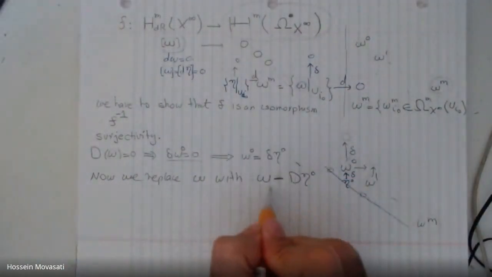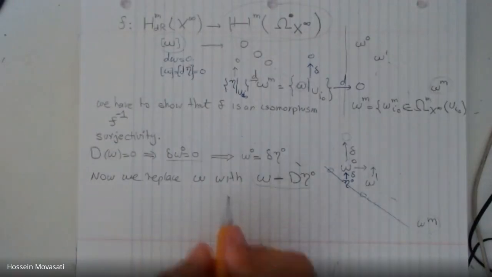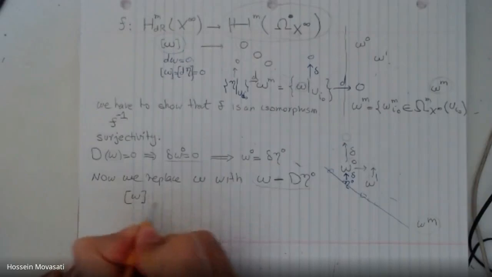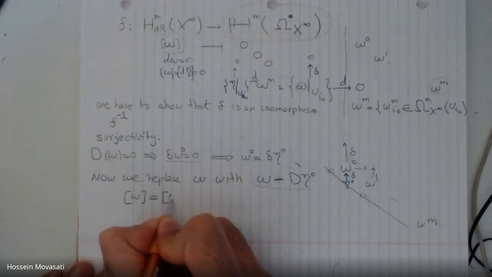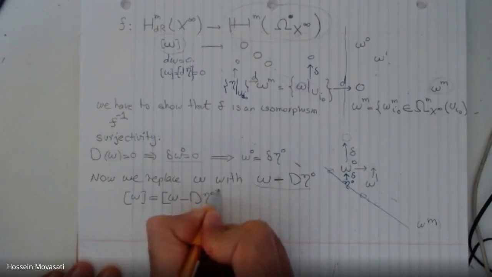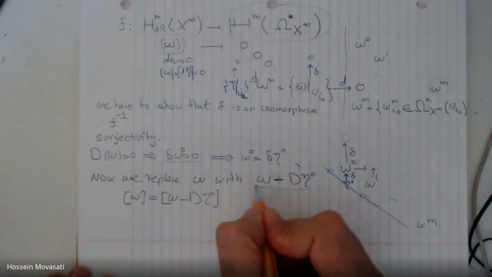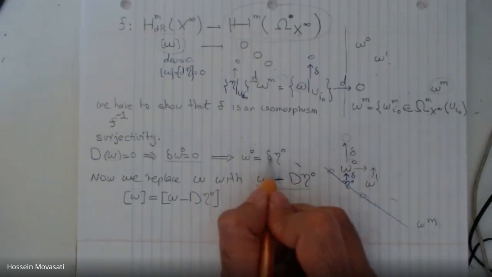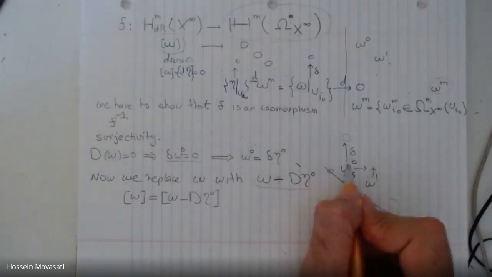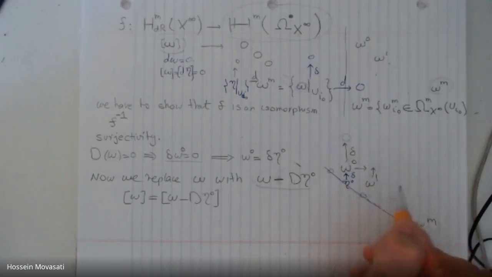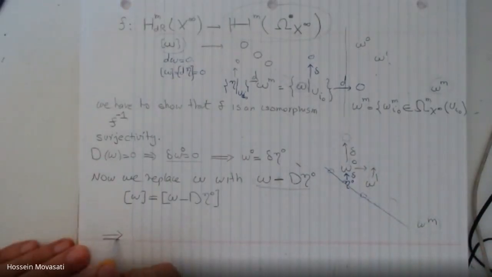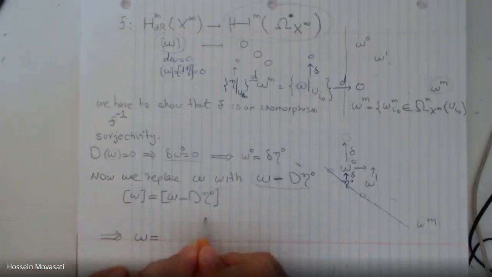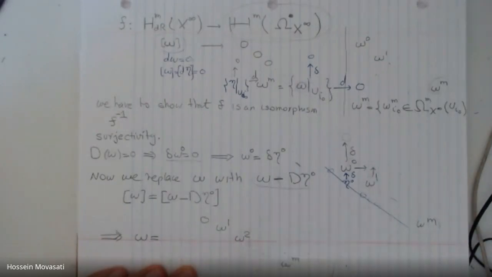Okay, so the point is that when we do this, this guy in the hypercohomology is still the same as this guy. But what happens? The point is that when we take d of this one, then the delta of eta 0 is omega 0. Here I will get 0, and of course omega 1 will change. This means that at the end, I can assume omega has this form: omega 0, omega 1, omega 2, up to omega m.